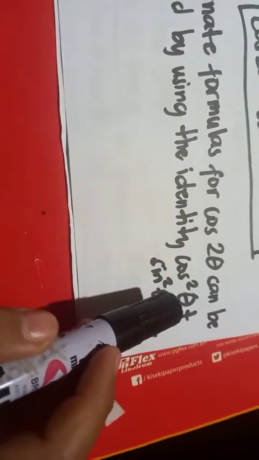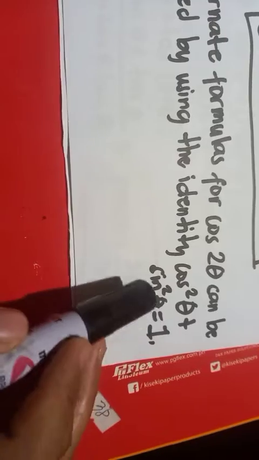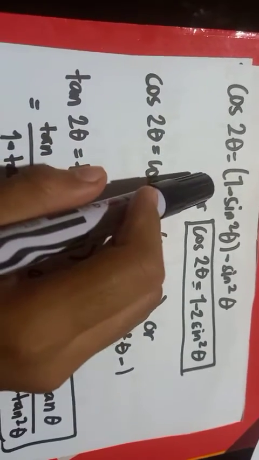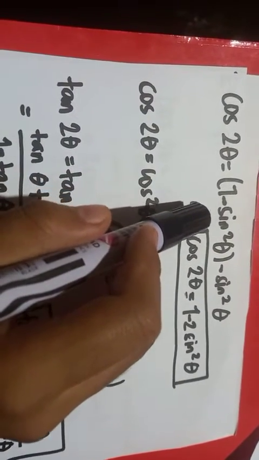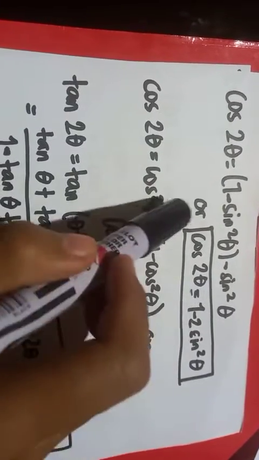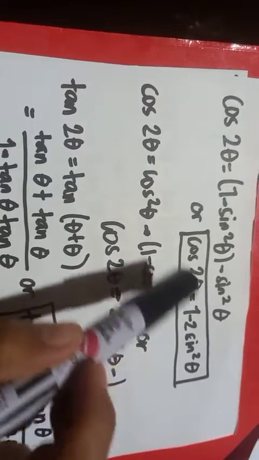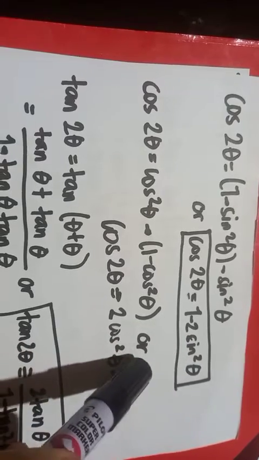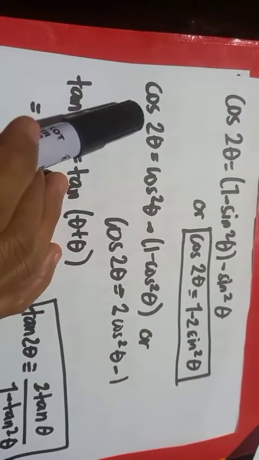An alternate formula for cos 2 theta can be obtained by using the identity cosine squared theta plus sine squared theta is equal to 1. And thus we have cosine 2 theta is equal to the quantity 1 minus sine squared theta minus sine squared theta, or cosine 2 theta is equal to 1 minus 2 sine squared theta.